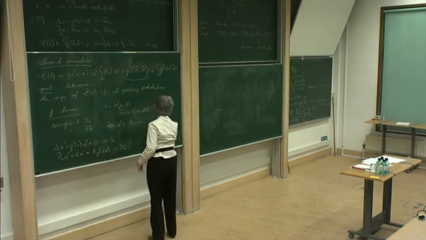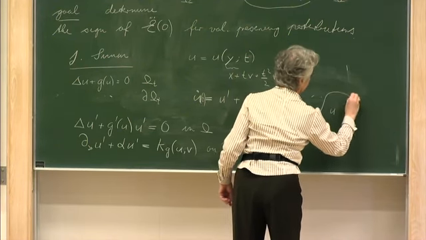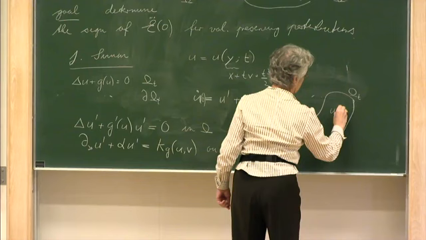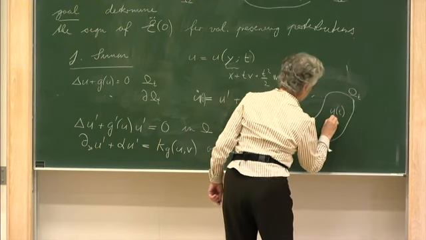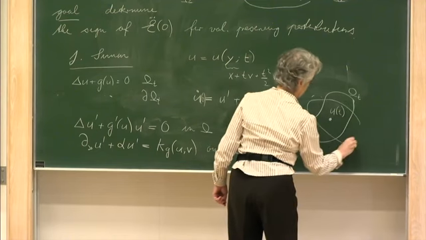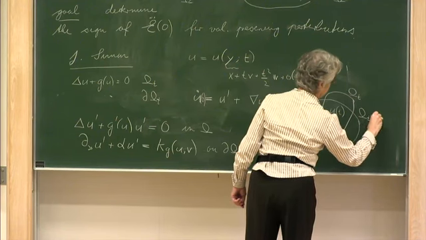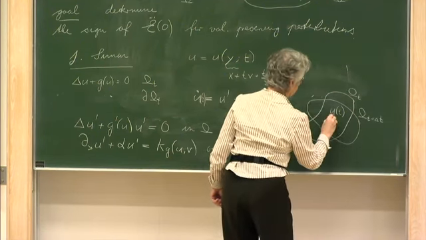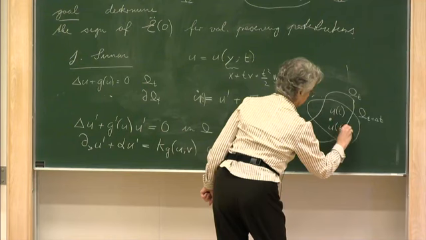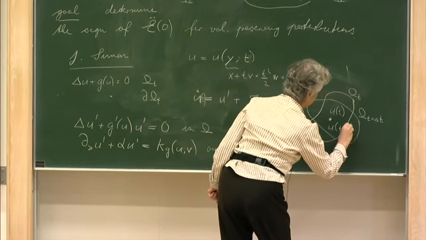You take u on omega t, u t at the fixed point, and another omega as delta t.